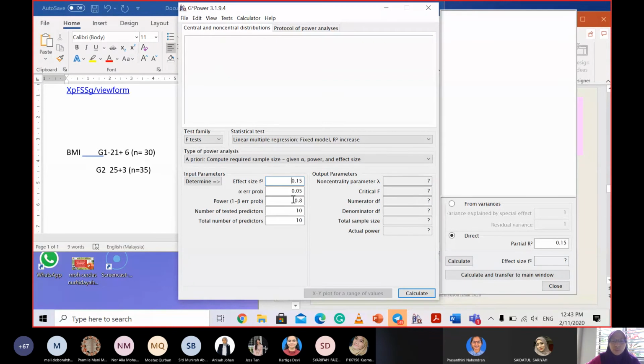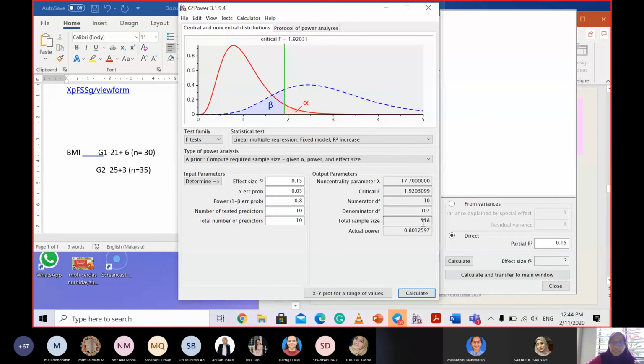So the medium is 0.15. Okay, so the power, alright, 0.8. If I have 10 predictors, for example, to predict your quality of life, you have your diet, your physical activity, your stress coping skill. So the total number of predictors is 10, and I calculate. I need 118.